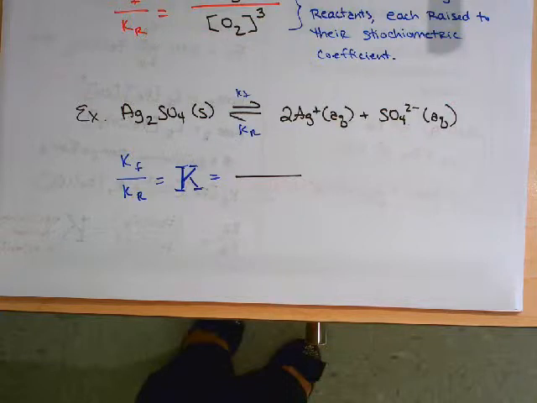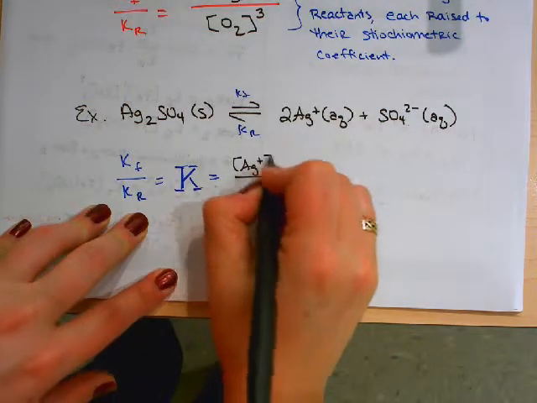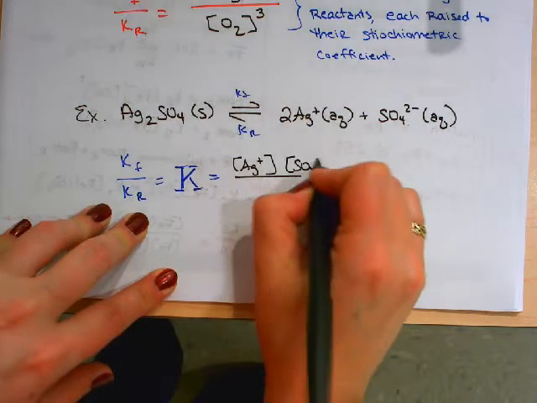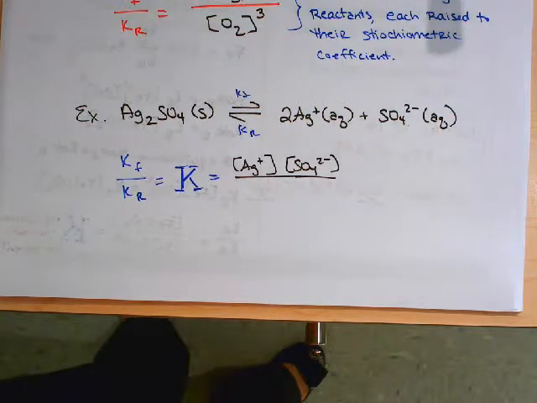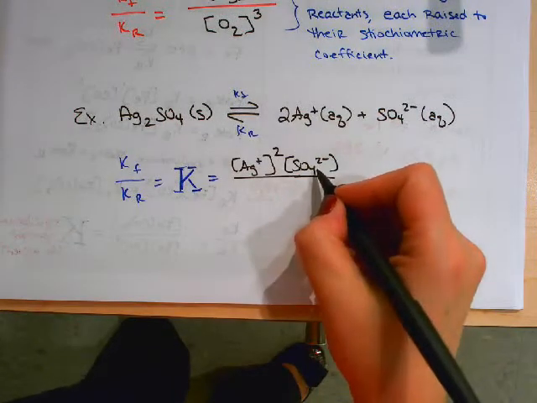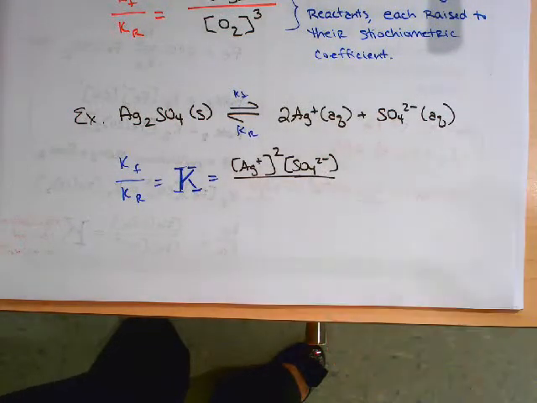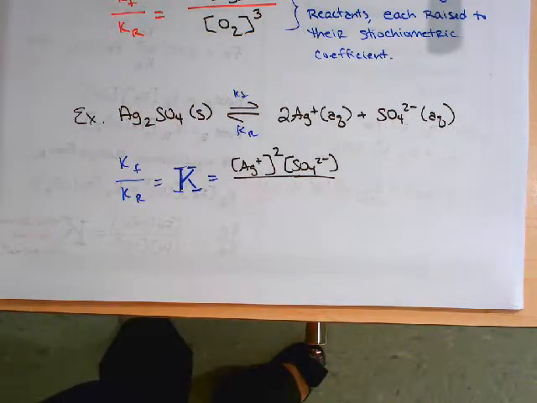The products or the reactants? Products go in the numerator, okay? So I'll put these guys down. Does the silver need an exponent? Yes. Needs a 2. What about the sulfate? Does it need an exponent? No, there's just 1. Alright, what about my denominator?